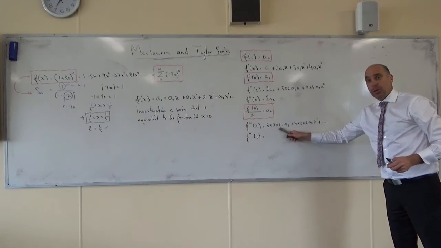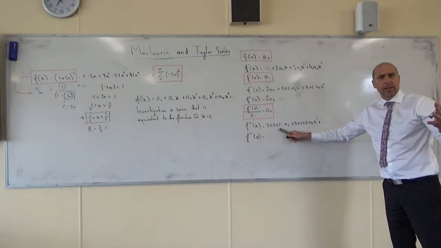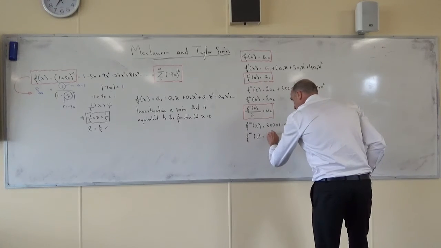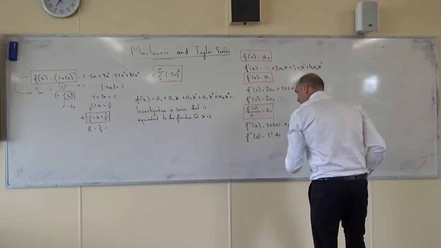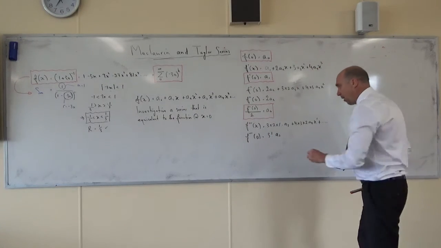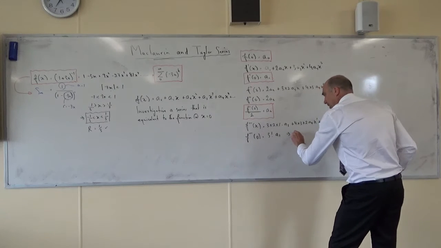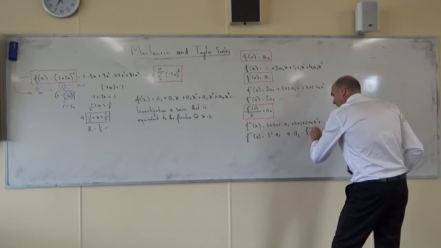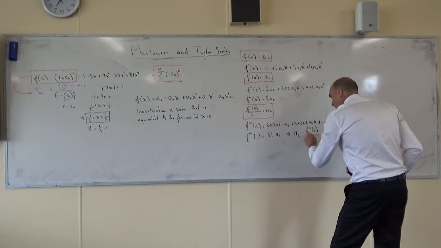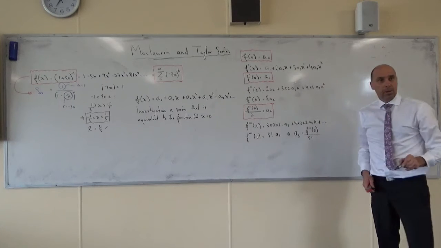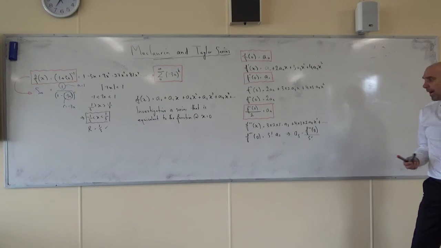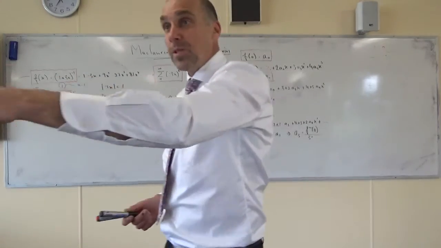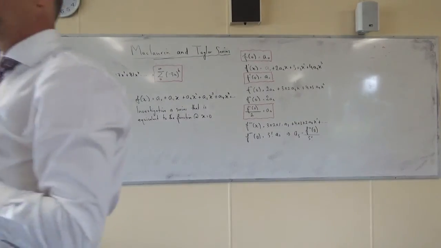Yeah, 3 times 2 times 1. What's another way to write that? 3 factorial times a3. I'll just write this here because I'm running out of space: a3 is equal to f triple dash 0 divided by 3 factorial. Can anyone see what a4 is going to equal? Are you with me? What's a4 going to equal?